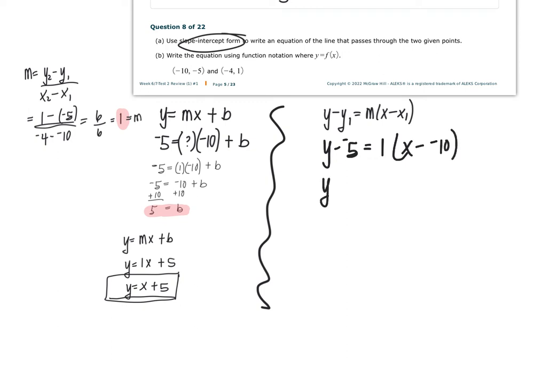Clean that up a bit. Y plus 5 equals, so minus a negative is positive, and I'll distribute the 1, so that's going to be x plus 10, and then you can subtract 5 from both sides to get y by itself. It still gives you the same answer.